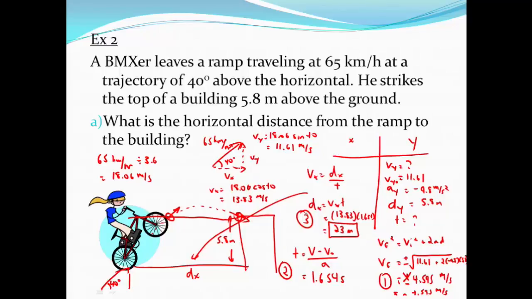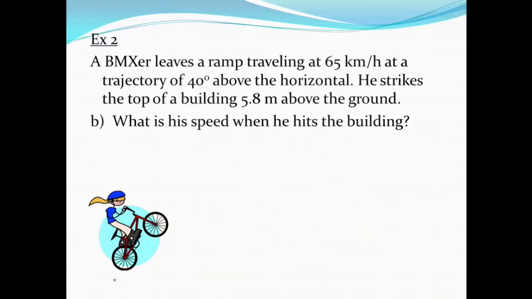Okay? So part 2 asks, what is the speed when he hits the building? Well, we've already dealt with this before. We have the final velocity in the y direction, and we know that the velocity in the x direction is consistent. There is no acceleration to change it.